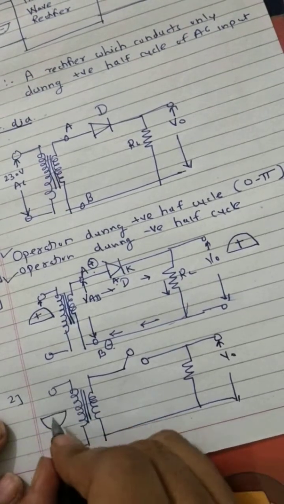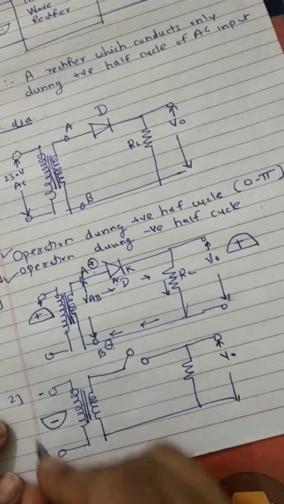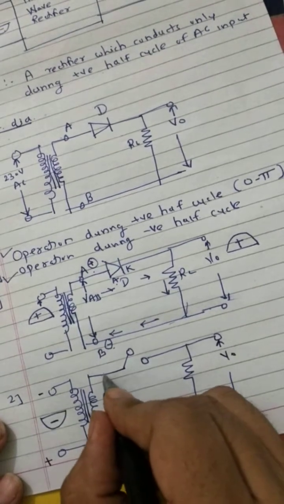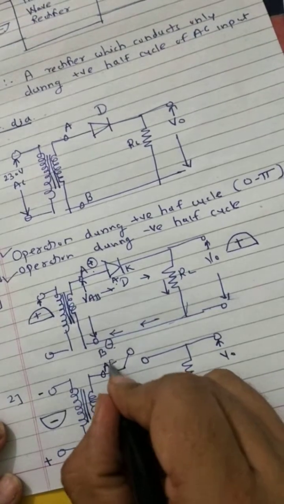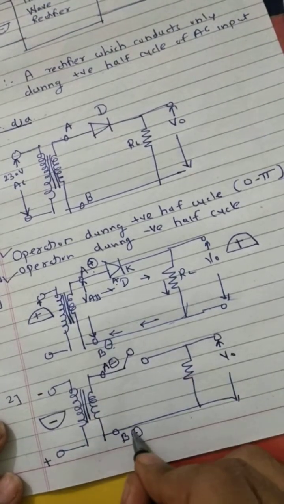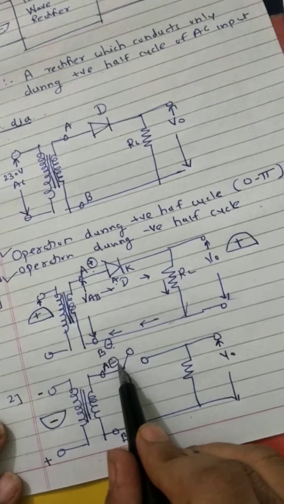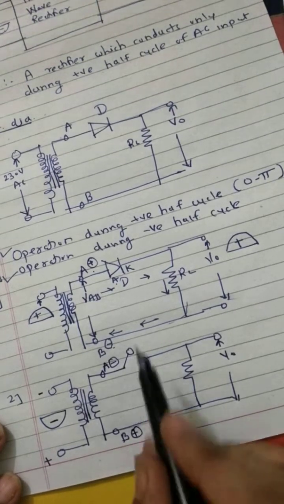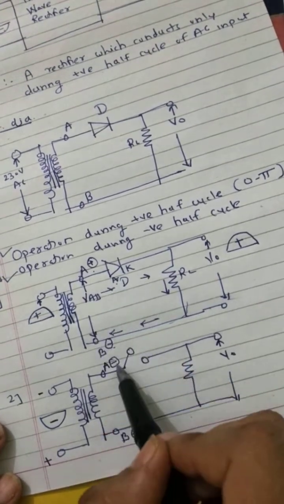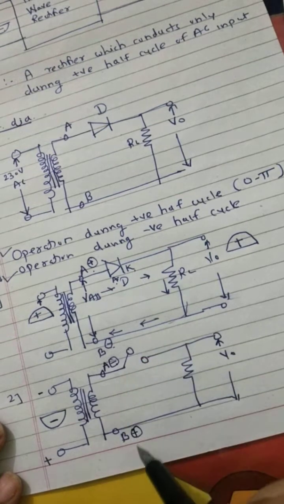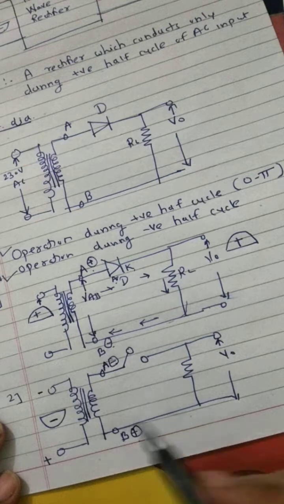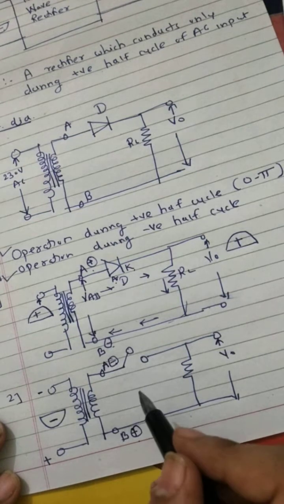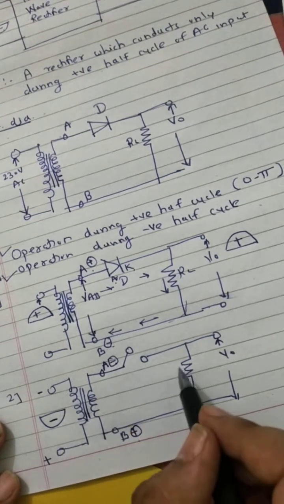So during the negative half cycle, what will happen? During the negative half cycle of AC input, terminal A becomes negative with respect to terminal B. As terminal A is negative with respect to terminal B, the anode is supplied with negative charge while the cathode is supplied with positive charge, and the diode is reverse biased. And we know that when the diode is reverse biased, it acts as an open switch and does not conduct at all.